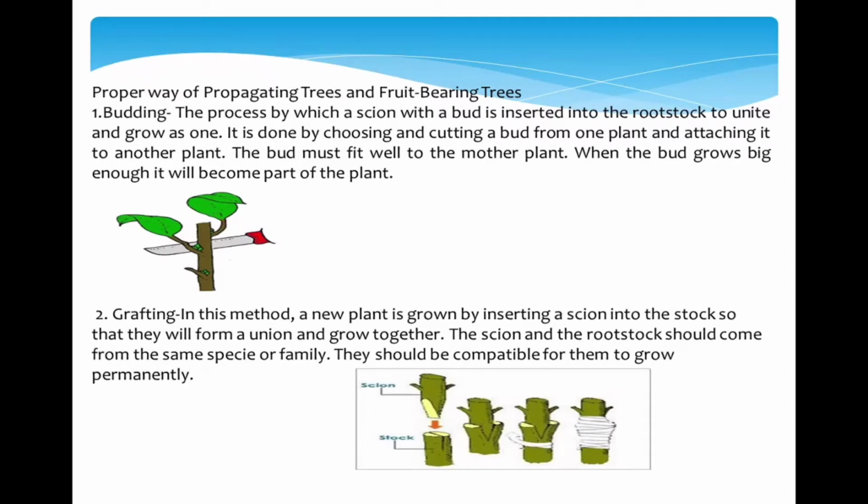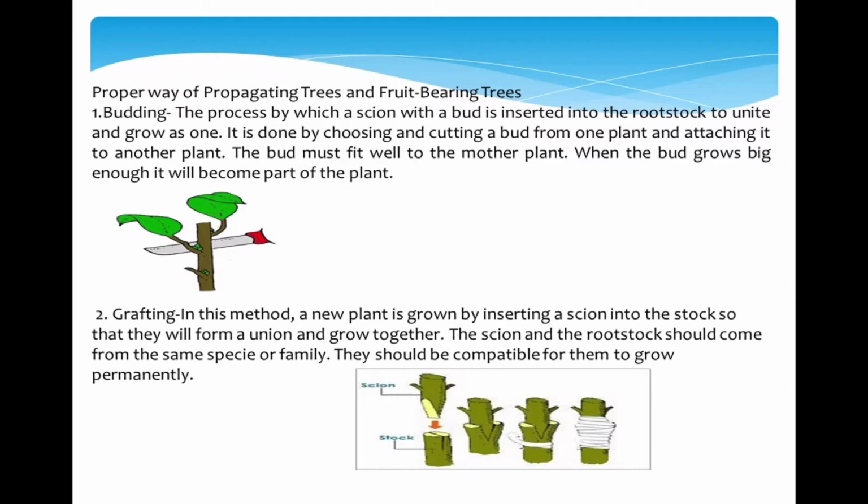When we talk about budding, it is the process by which a scion with a bud is inserted into the rootstock to unite and grow as one. It is done by choosing and cutting a bud from one plant and attaching it to another plant. So the bud must fit well to the mother plant.